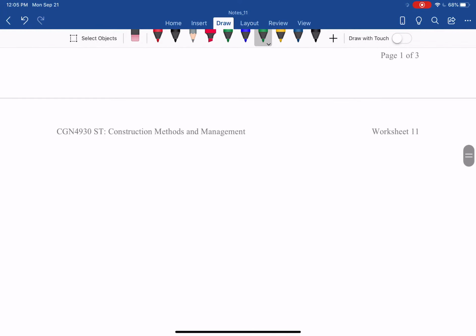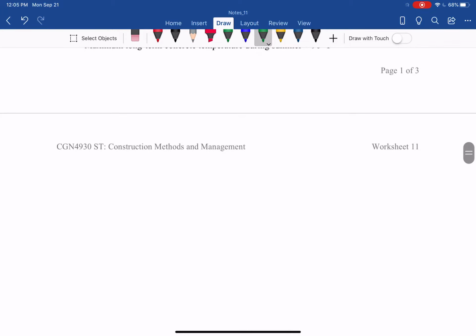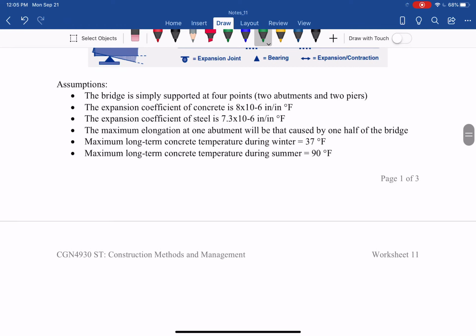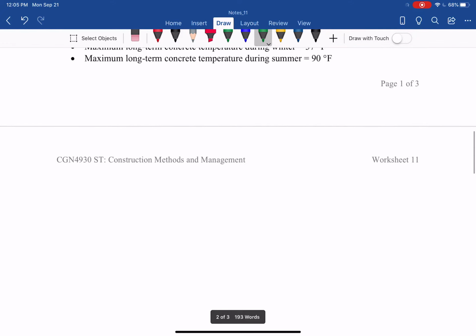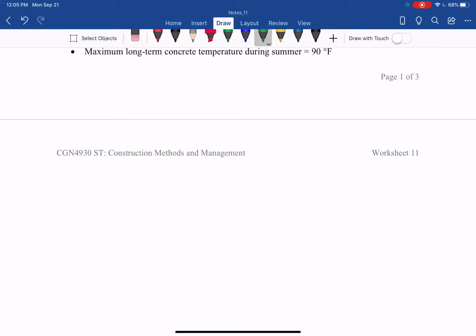First, we need to check the temperature increase relative to construction, using the permanent long-term concrete temperature during the summer, and of course we also have the temperature decrease relative to the long-term temperature. Let's do that here.